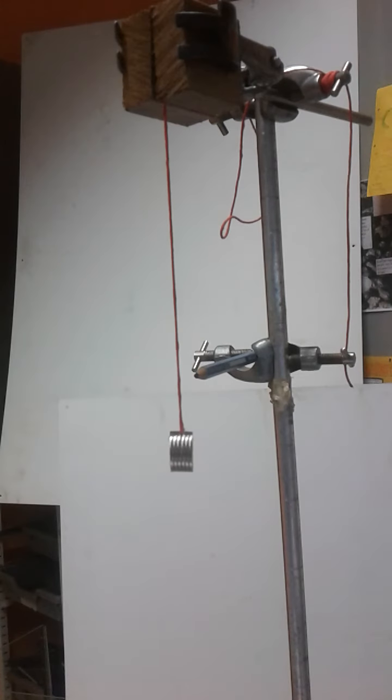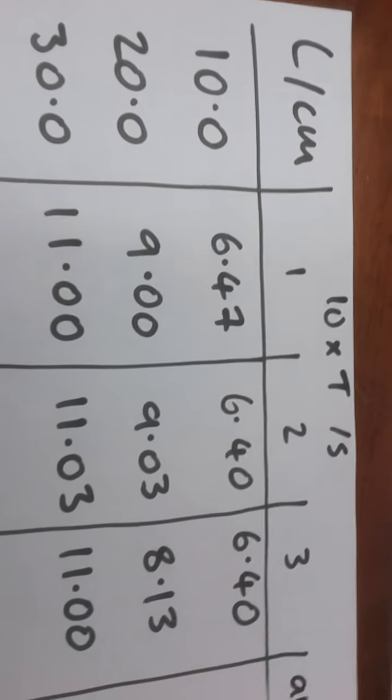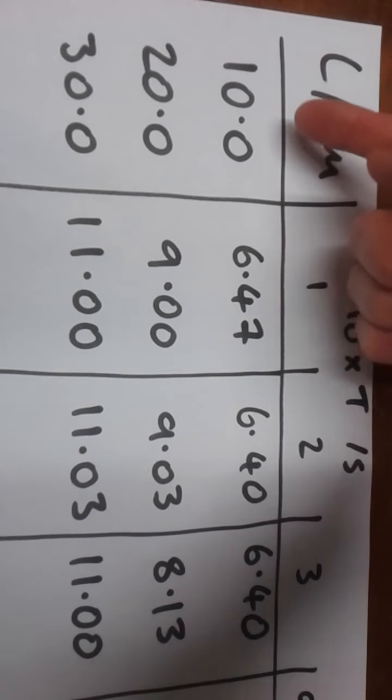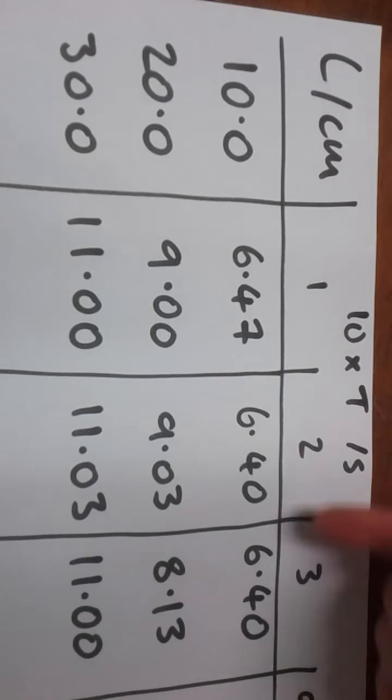So if I did this perfectly and timed this perfectly, there would be some correct answer for the period of the pendulum. Now, I've done this experiment already, and I've already recorded my data. And I haven't got the same answer every time. If you have a look down here, I've timed 10 times the period in seconds, and I've done it for each length in centimetres. I've done it 3 times.